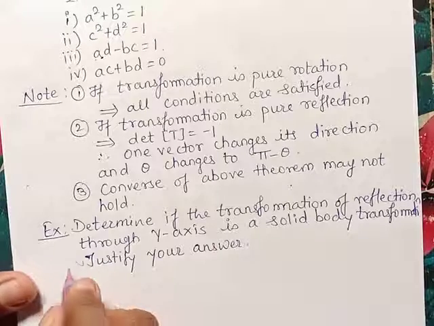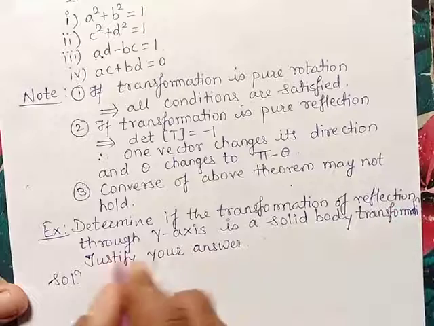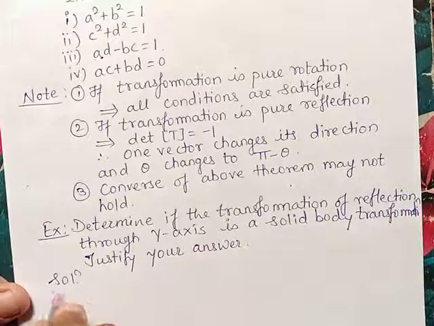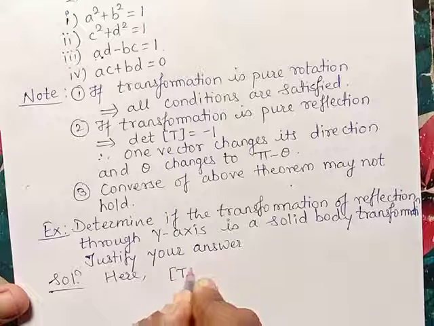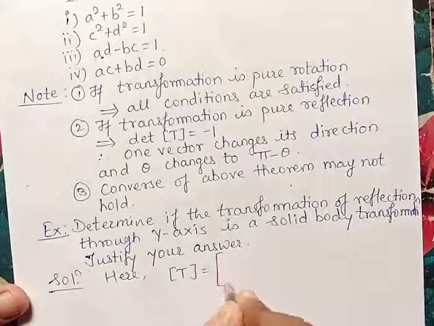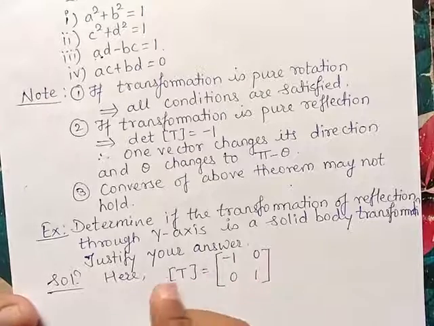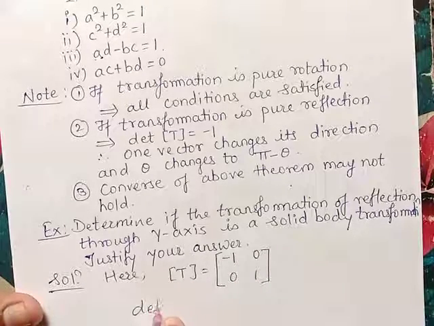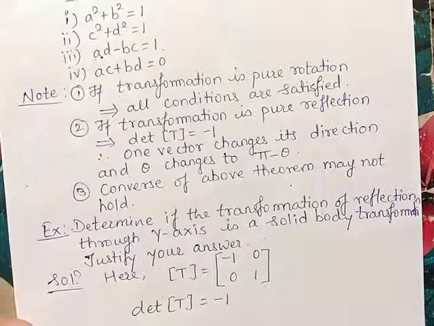Okay. Now, which transformation is given? Reflection through the y-axis. Here, T is for reflection through the y-axis. Our transformation matrix is as such, right? So here, what happened? The determinant of T is what? -1.